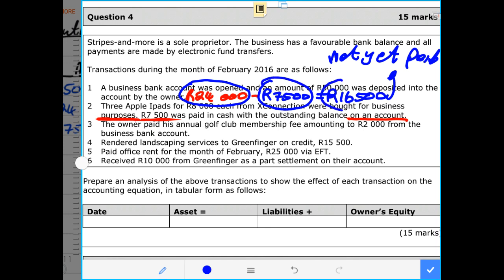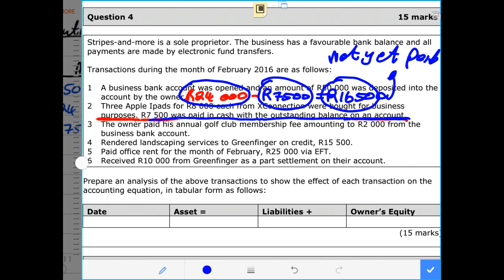That means 16,500 of the balance is on account, as they said that 7,500 was paid in cash with the outstanding balance on account. And remember, anything that is on account will be a liability because we did not pay the 16,500 as yet.